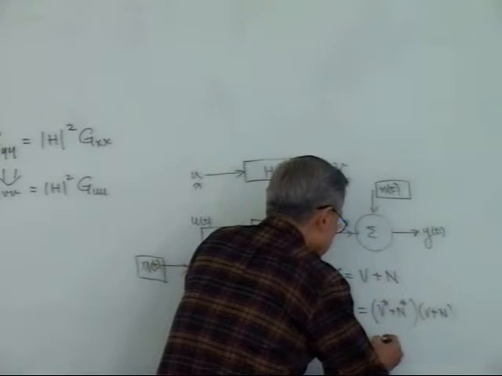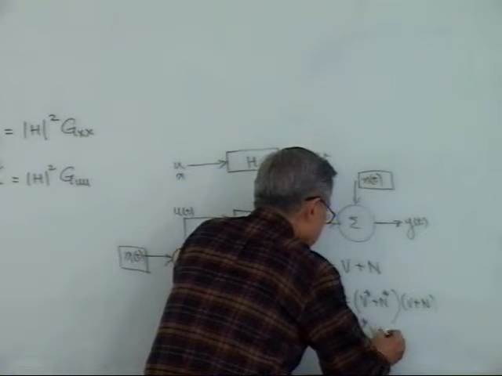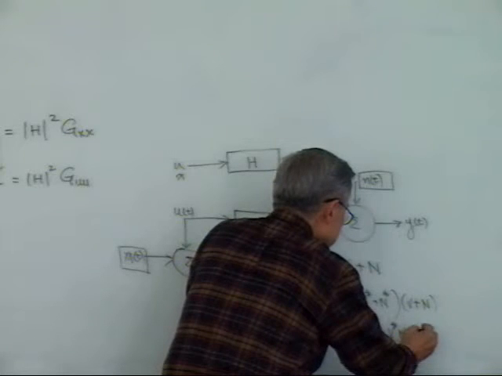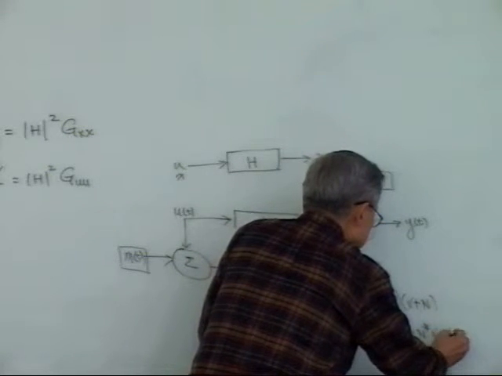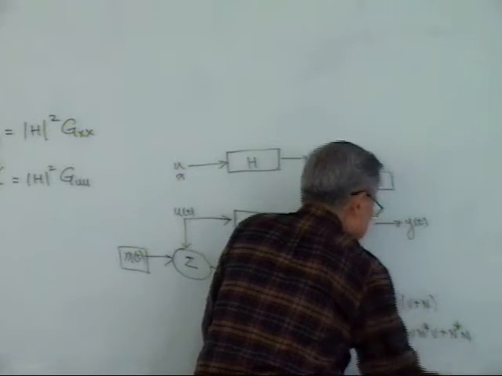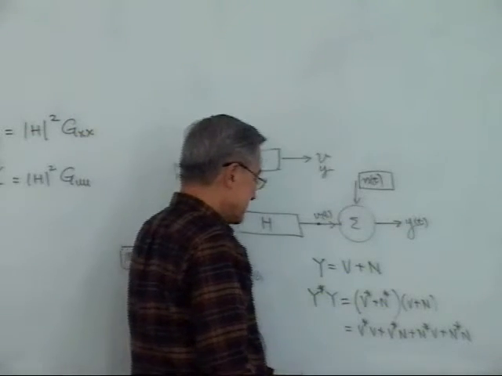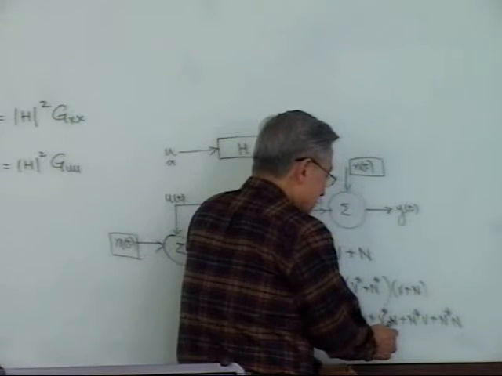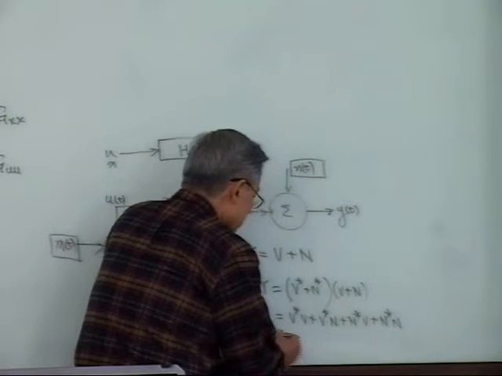And this is equal to V star V plus V star N plus N star V plus N star times N. Make sense?